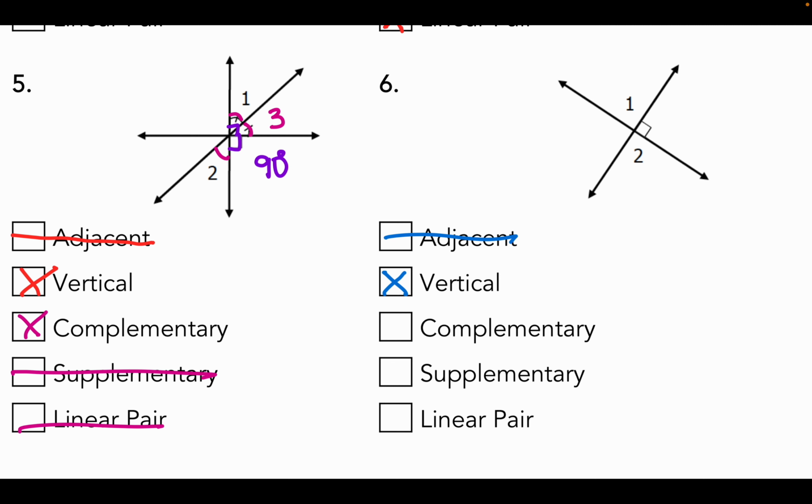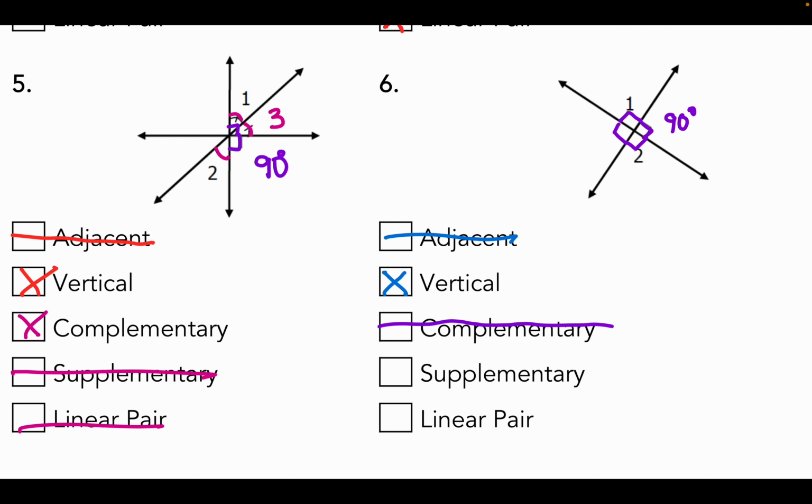We have this box again. That means 90 degrees. And because 90 degrees is on this side, angles 1 and angles 2 are also right angles. All of these are right angles, actually.